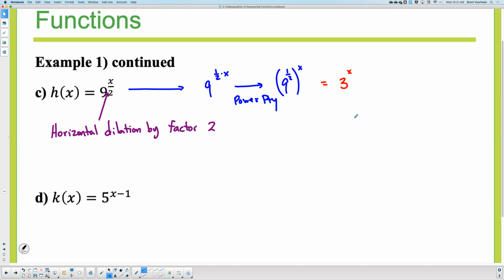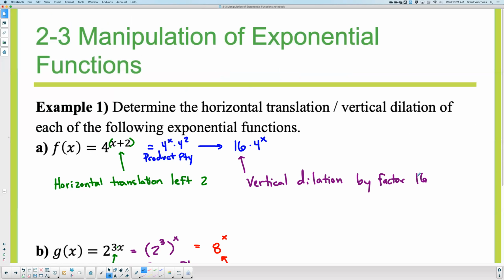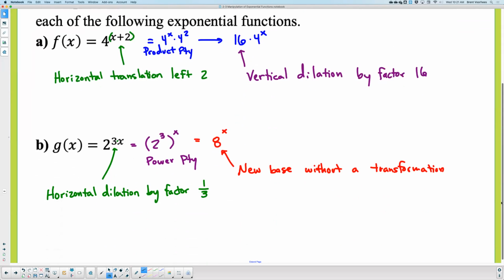Now, this answer is what I was expecting, because here, do I have any transformation? No. I have a new base with no transformation, which is what I was expecting originally, because this is like part B. Remember on part B, let's go back. When I did part B a moment ago, we had a horizontal dilation, and what was the result of a horizontal dilation?